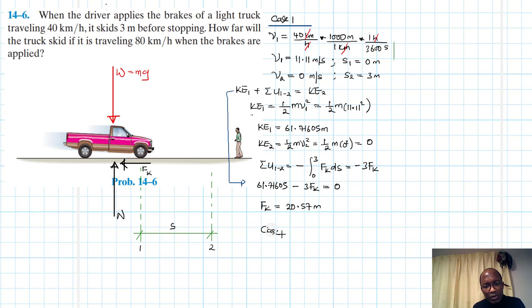Let's go to case 2. What do we have? We have V1 equal to 80 kilometers per hour. Converting this to meters per second, we do the same as we did in the other case.